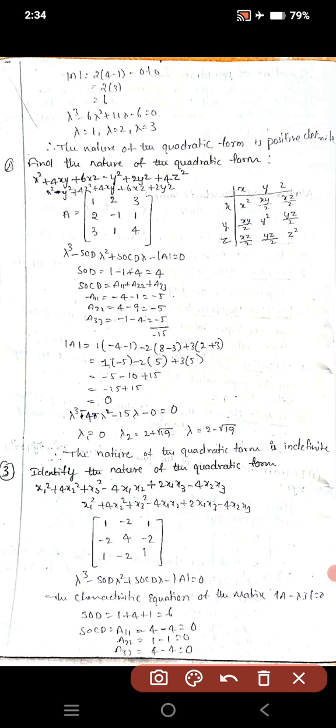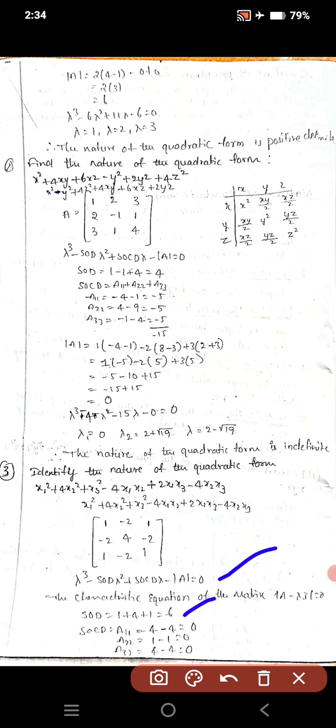Next another problem, identify the nature of the quadratic form. Same quadratic form given. First write the diagonal elements 1 4 1, then half of the cross terms, minus 2, minus 2, 1, and so on. According to this we can write the matrix. Same formula to find the eigenvalues: lambda cube minus sum of the diagonals lambda square plus sum of the cofactors of diagonals lambda minus determinant of A. This is the shortcut formula, remember it.